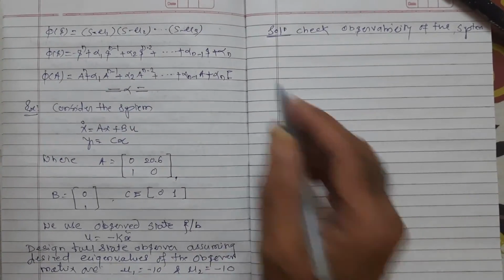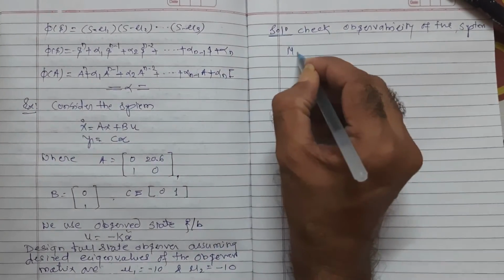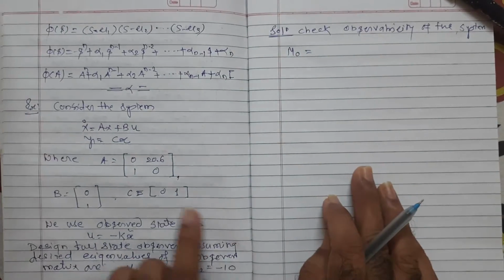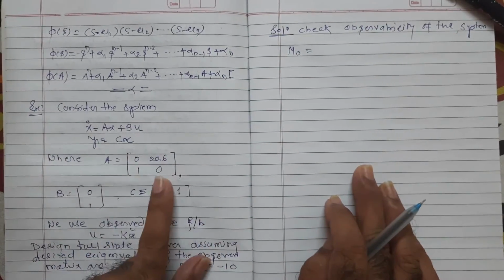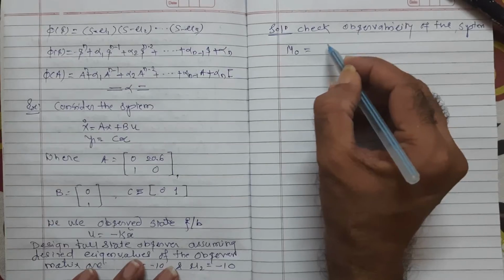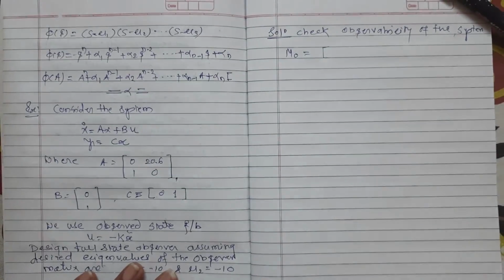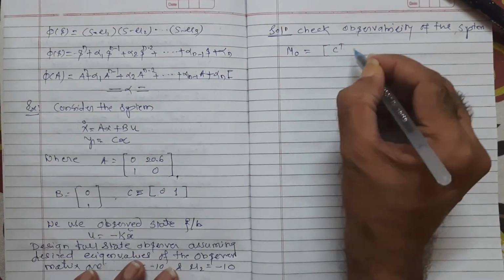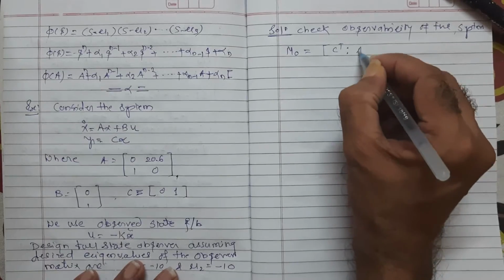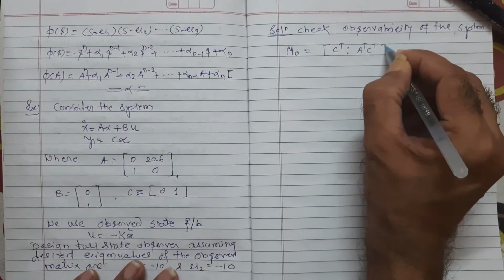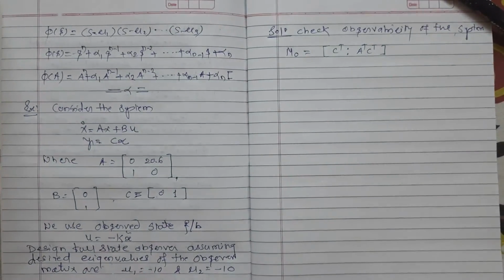Now observability matrix M0. Here A is a 2 by 2 matrix. So in the observability matrix we have two components: one is C transpose and the other is A transpose C transpose.